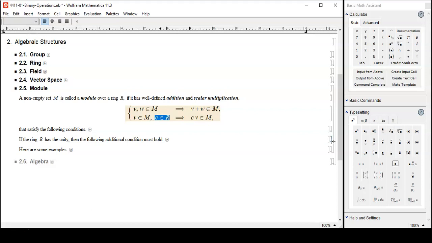Examples include Zn, you see, you can do multiplication but no division in general, or matrices with integer entries, or matrices with polynomial entries with real coefficients. This one here is going to be important in abstract algebra too, if we actually get there. Anyway, this one is important particularly.